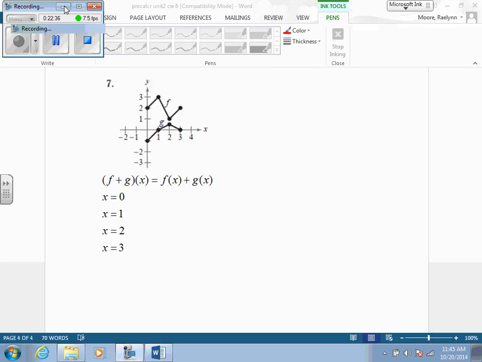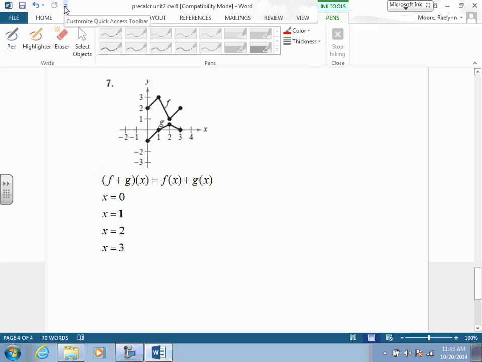We can read off the graph and see if we can do our operations right off the graph. Remember, when you're looking at the value of a function, you're giving an x and it's returning a y. The value of the function is your y.